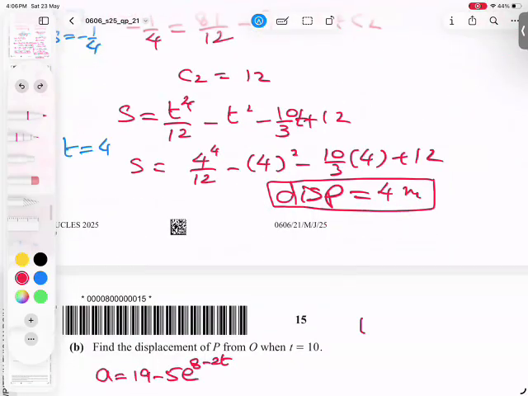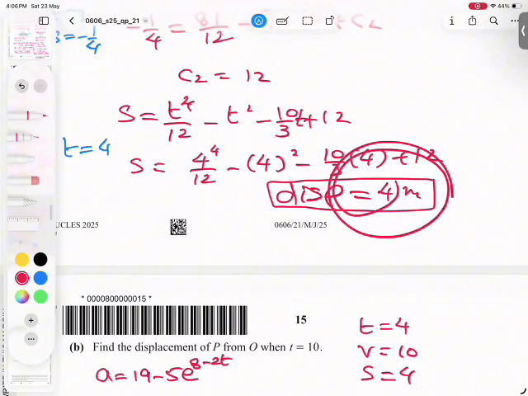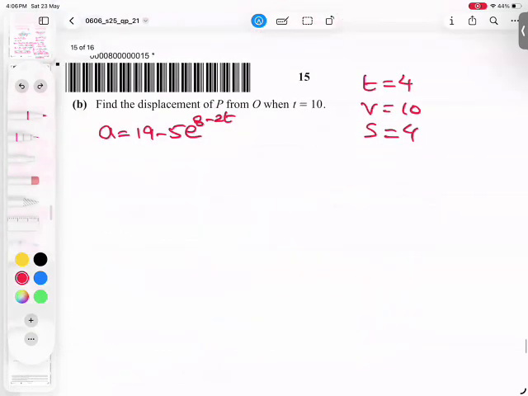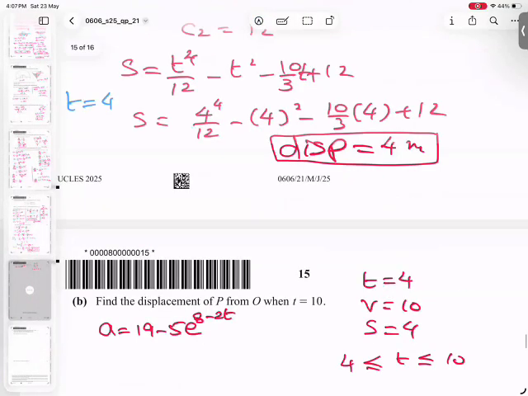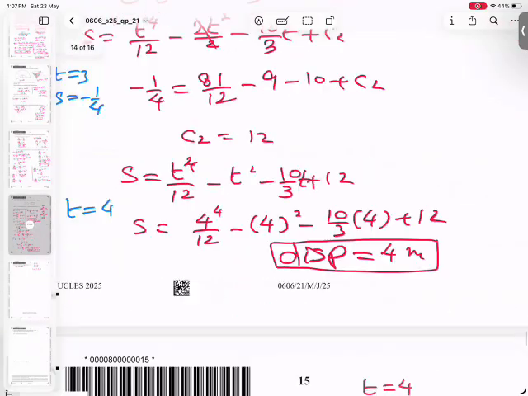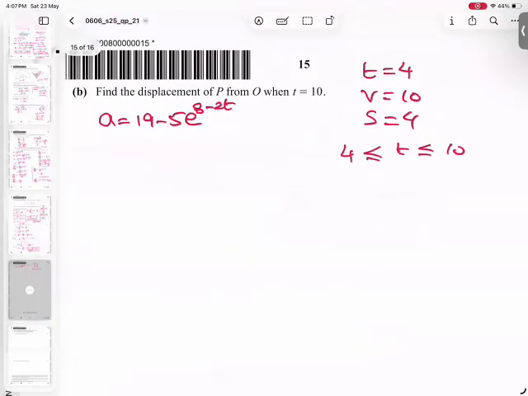When time is 4, velocity is 10 and displacement is 4. You can see it is available here. These links are very, very important because this formula is used from 4 till 10. Let me check, is the equal sign there? Yes, the equal sign is there. So now students, let's try to do it.